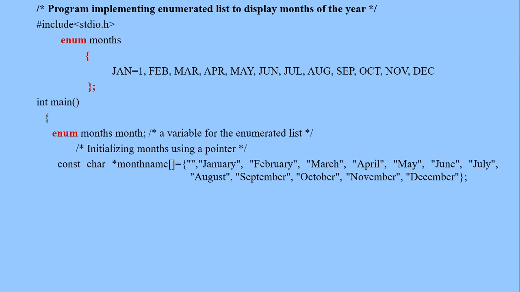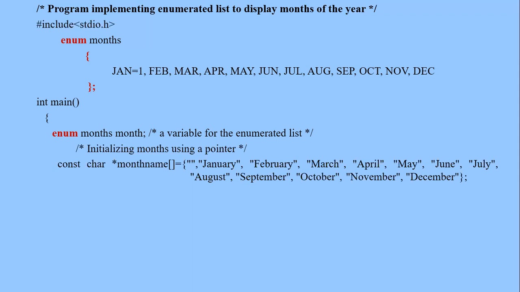I'm going to discuss pointers as a data structure in my subsequent presentations, but this simply means that we are going to assign the following items in the memory location pointed to by the pointer month name. So we initialize months using a pointer.